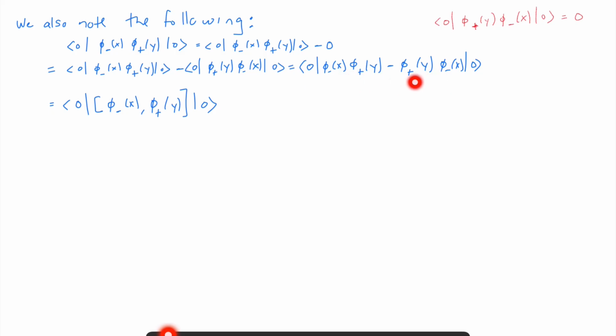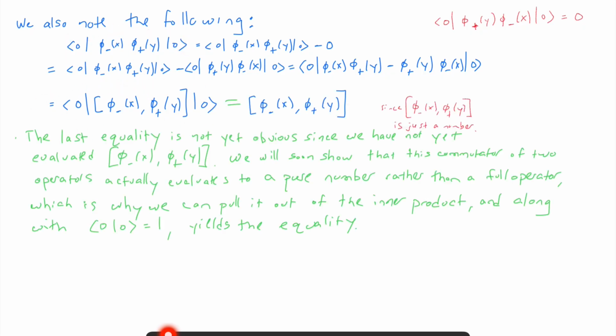This really is nothing but the commutator, that's the definition of the commutator of these two operators. So here's what I express it as, phi minus x, phi plus y. So this expression, which we started with, can actually be shown equal to this right over here.